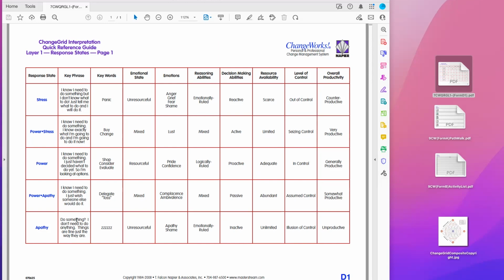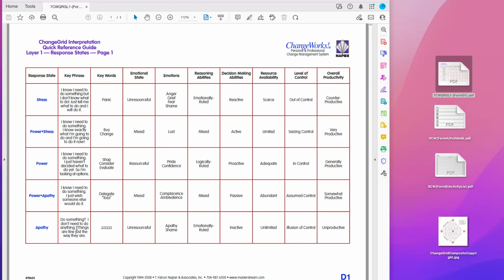So whoever this person is that's down in apathy about whatever the issue happens to be, they could be up in stress and power about a whole combination of other things. As long as they're busy with things that cause them greater levels of tension, they may never get around to the stuff that's further downgrade.